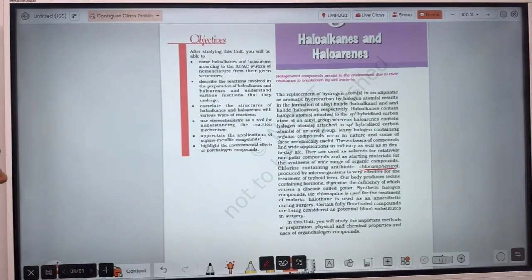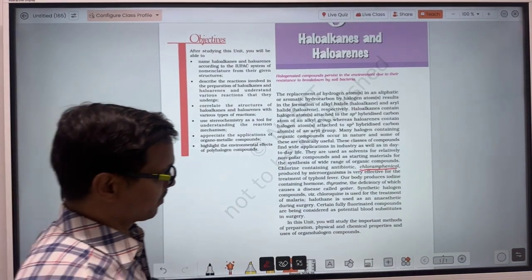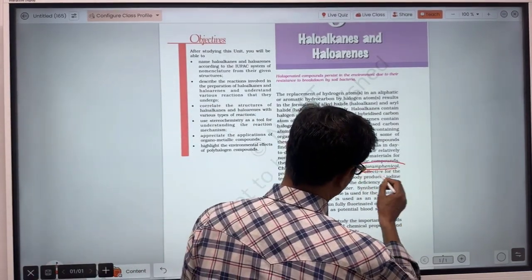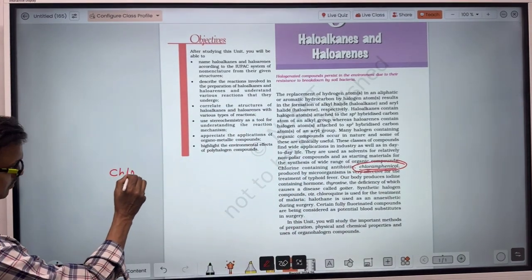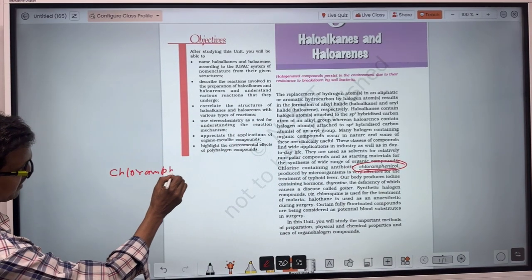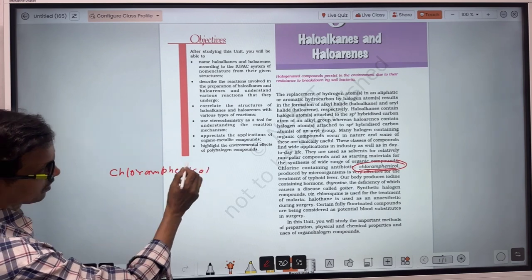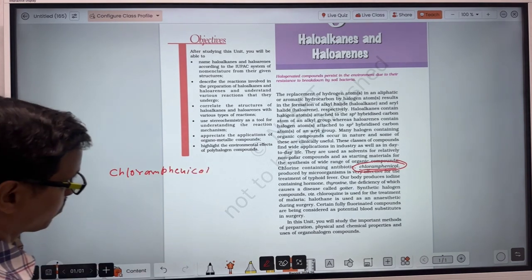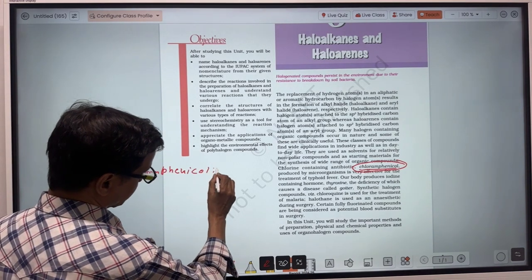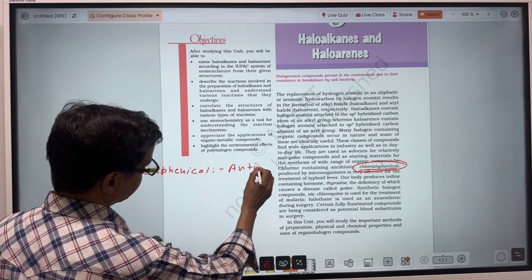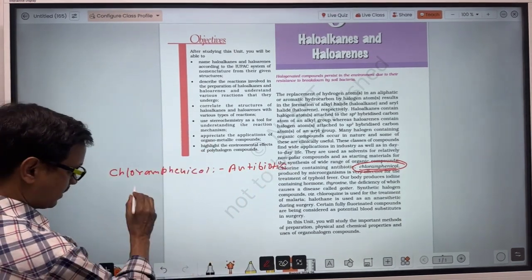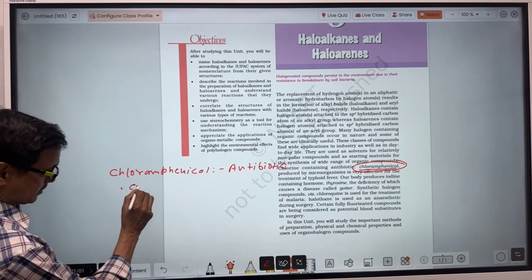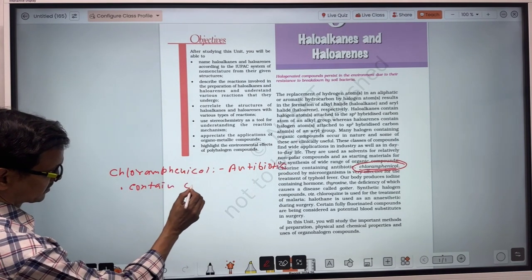Chloramphenicol is an antibiotic, and it contains chlorine.